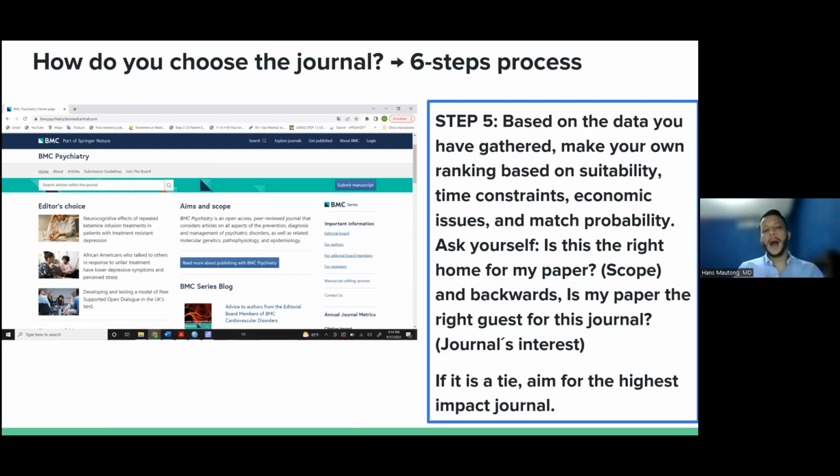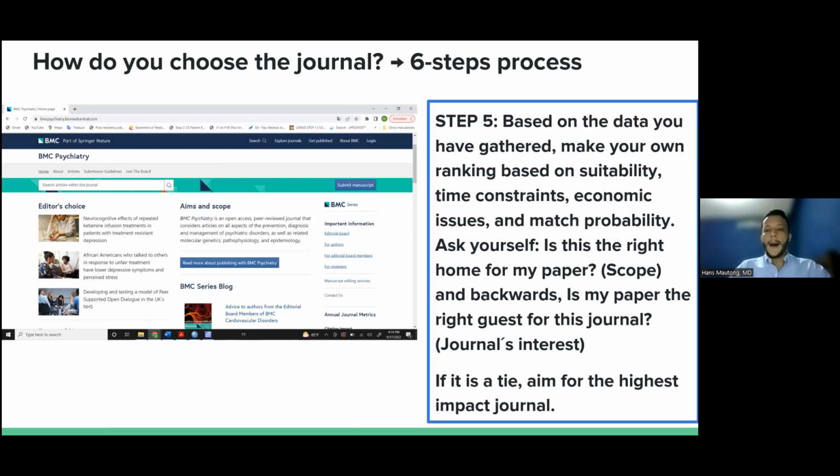For example, if I want to publish a paper about psychiatry and mental health issues, I would not want to aim for a wrong-scope journal, like a journal on eating disorders. Even though it's part of the branches of psychiatry, the aim is totally different. So chances are that if I submit to that particular journal, I will get rejected. That's the thing we want to avoid, or at least minimize the probability of rejection.